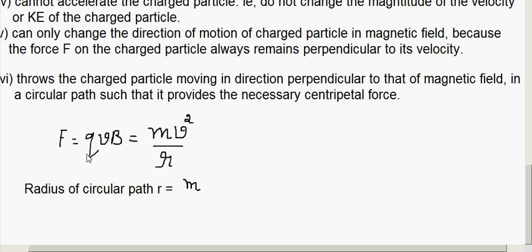Now one v will get cancelled, so we have mv divided by qB.